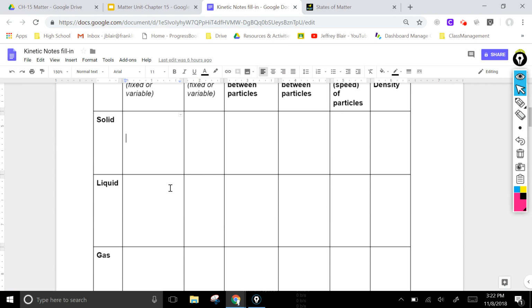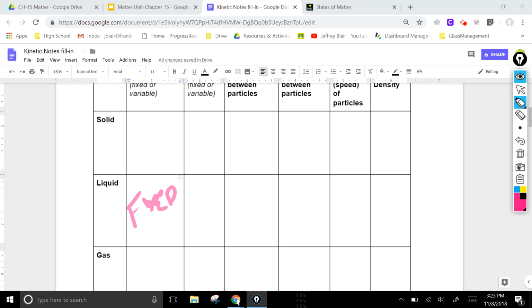In the liquid phase, the amount of liquid that you have remains fixed. The amount of liquid is fixed, but the shape varies because a liquid will take the shape of whatever container it's in. So the shape would vary.